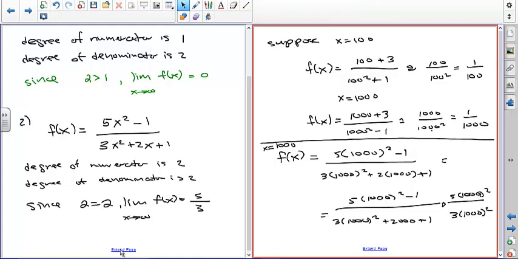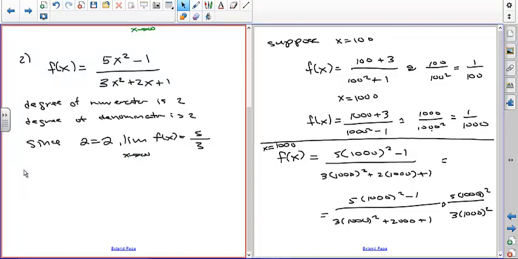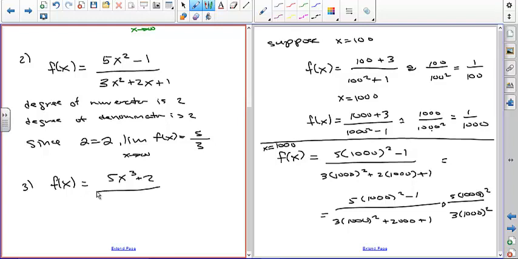And then the third case is where you have something like f of x equals 5x cubed plus 2 divided by 3x squared plus 1.